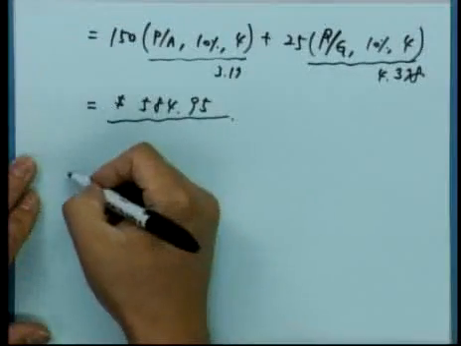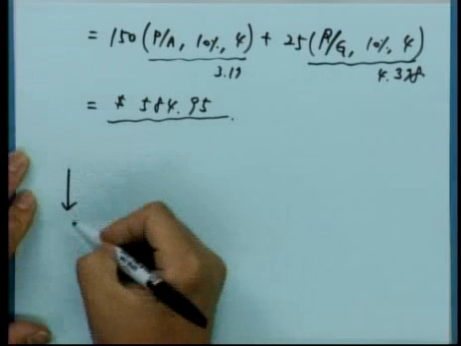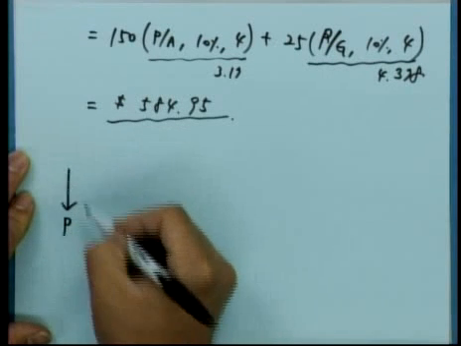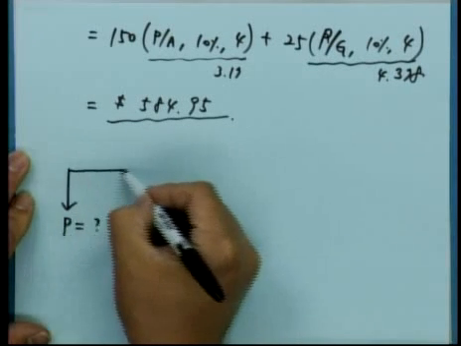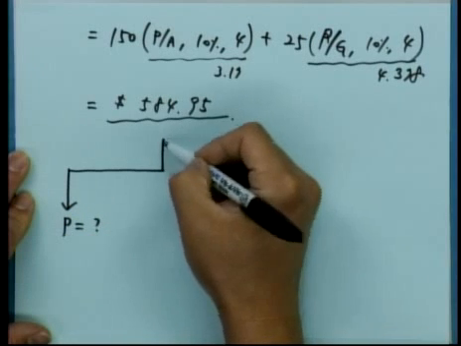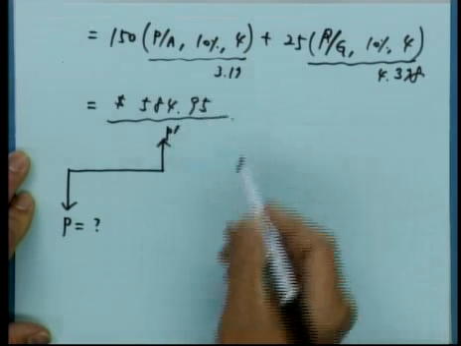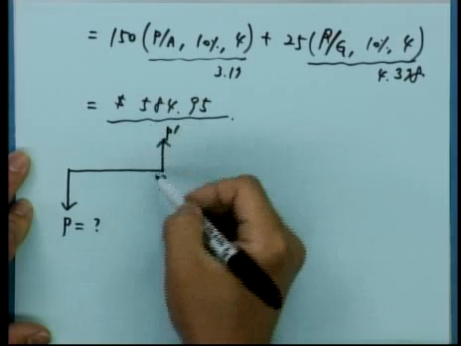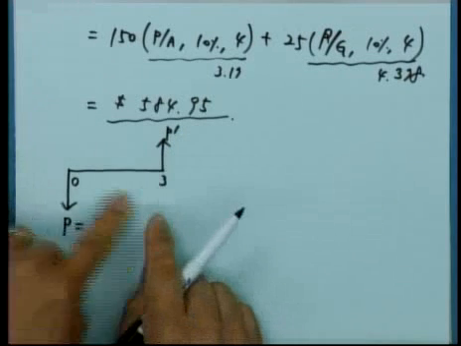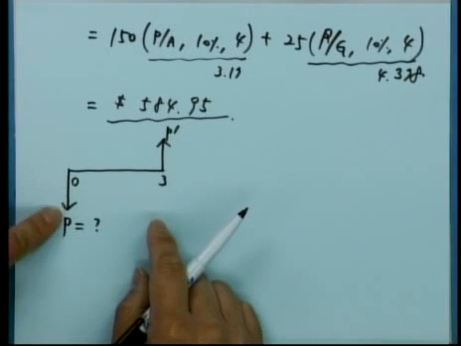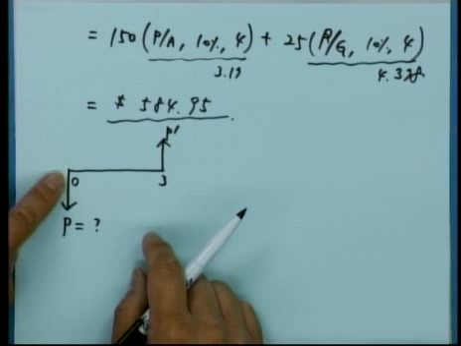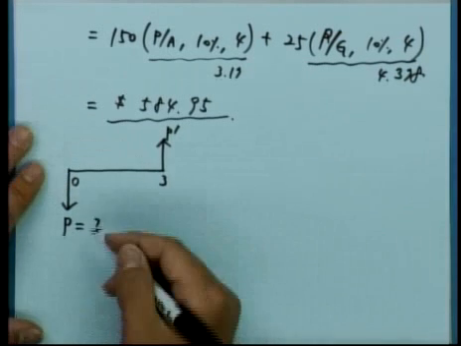So now what you need to do is you're going to convert P prime at the end of year 3 to equivalent present sum of P at the end of period 0. Okay?